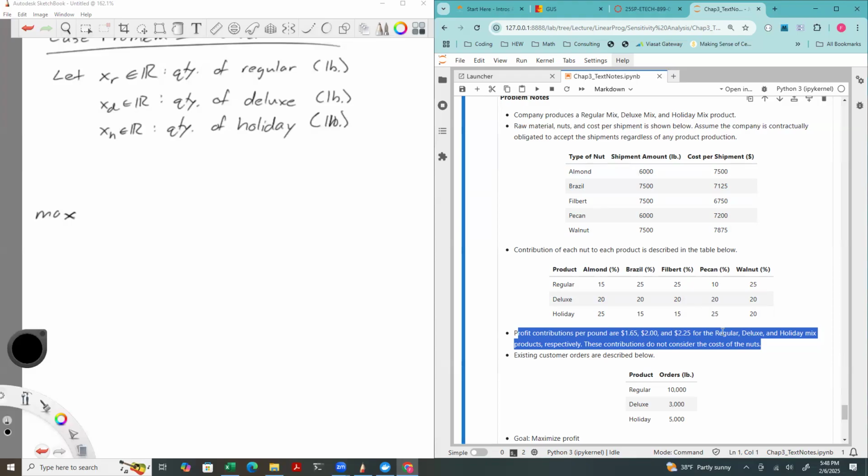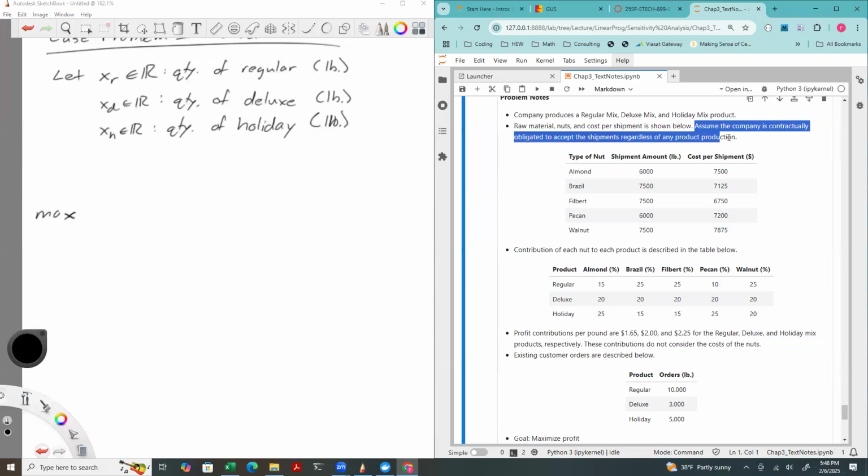I totally understand that logic. But one of the things we have to be careful with is this statement also up here, that the company is contractually obligated to accept the shipments regardless of any product production. The reason you have to be careful with that is because in this problem, we would consider that something called a sunk cost. By a sunk cost, what I mean is it should not appear in the model because it is going to happen regardless of any action we take.